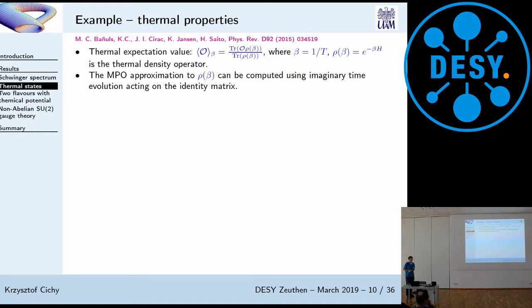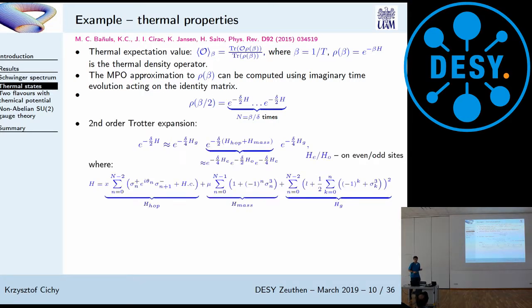The matrix product operator approximation to this thermal density operator can be computed using imaginary time evolution acting on the identity matrix. Basically, one divides this thermal density operator into exponentials with the Hamiltonian times a small step, and then one uses a second order Trotter expansion.